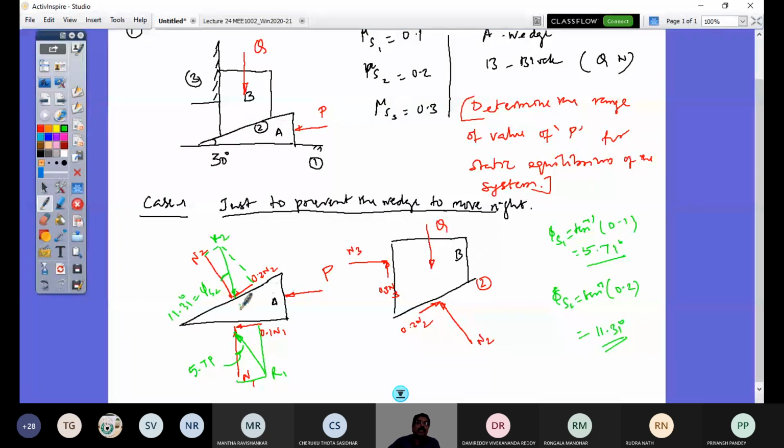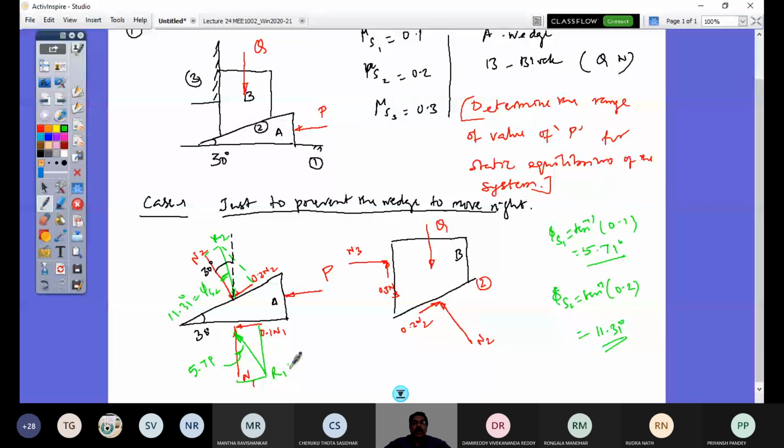Right? Already this normal is having an inclination to the vertical of 30 degrees. That you have to see again. See, if I draw this vertical, since the wedge angle is 30 degrees, this angle is already 30 degrees. And now this angle is what you have got as phi S. So I have R2 direction to the vertical as 30 minus 11.31, right? So this is an advantage of representing the combined resultant of your friction force and the corresponding normal.